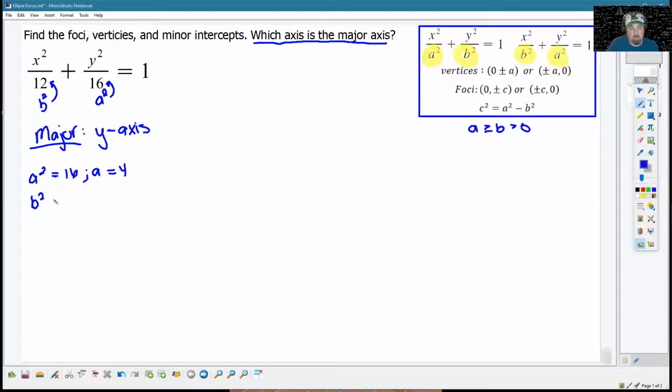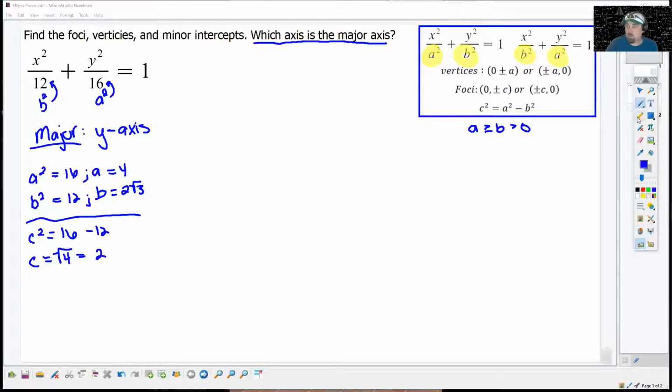If b squared is 12, we have to take the square root of that, and the square root of 12, well, we're going to get 2 root 3, because that's 4 times 3 to give you 12, and the square root of 4 is 2. c squared is a squared minus b squared forever for an ellipse. So a squared was 16, b squared was 12, so that gives me 4. So c is the square root of 4, which is 2.